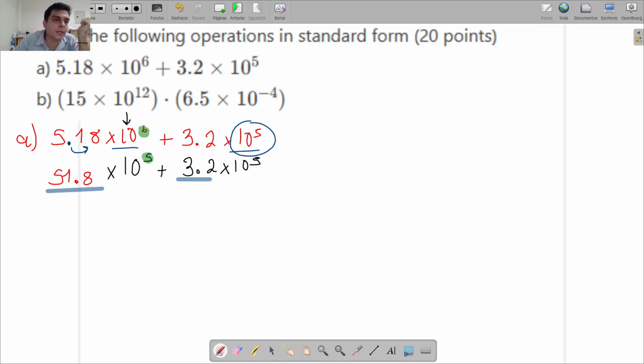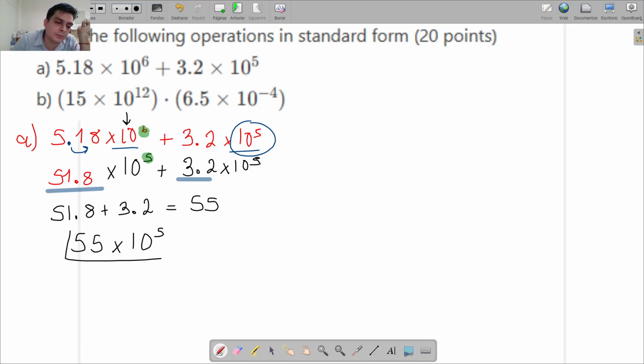So what we have to do is add 51.8 with 3.2. You can use your calculator if you want for this addition. 51.8 plus 3.2 is going to be 55. So the answer will be 55 times 10 to the power of 5. And we are finished.